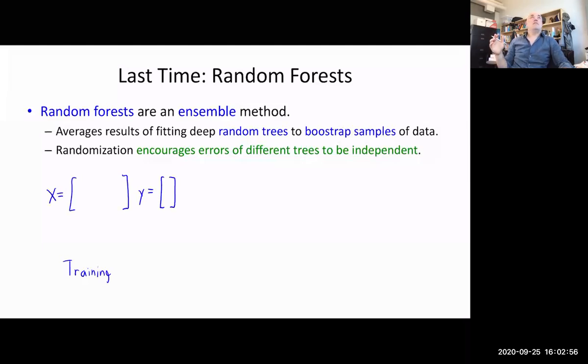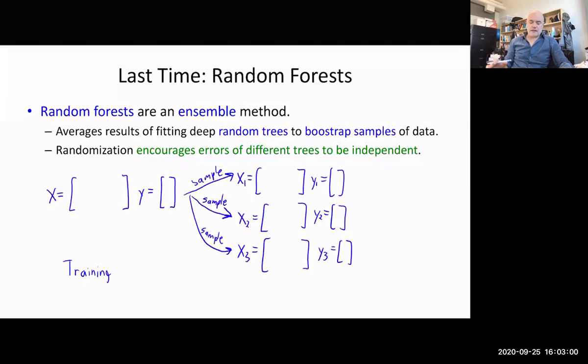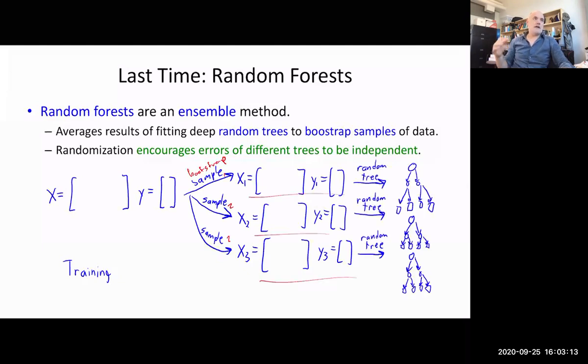And just to be brutally clear about what's going on, we have our training data, X and Y. We do some sort of bootstrap sample 1, 2, 3, however many. This gives us 3 different data sets, and on each of those, we fit our favorite deep decision tree.